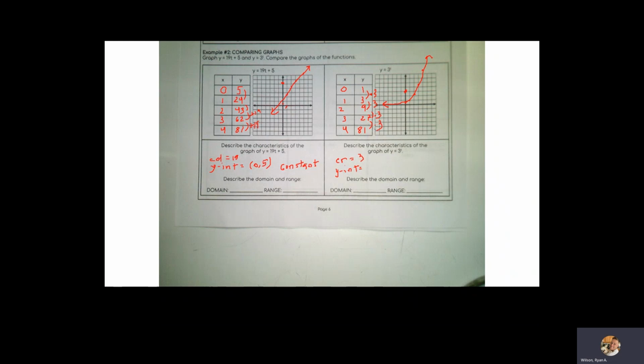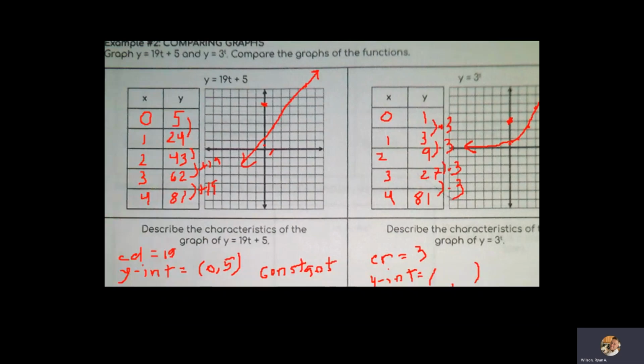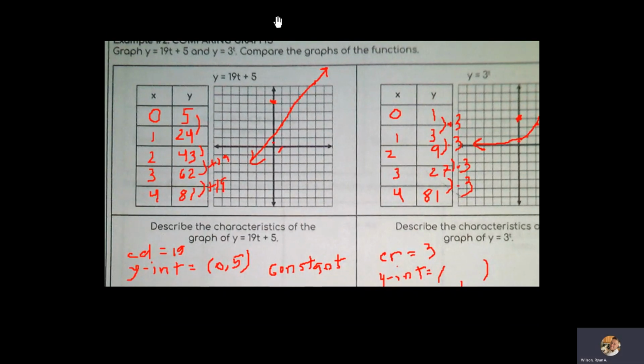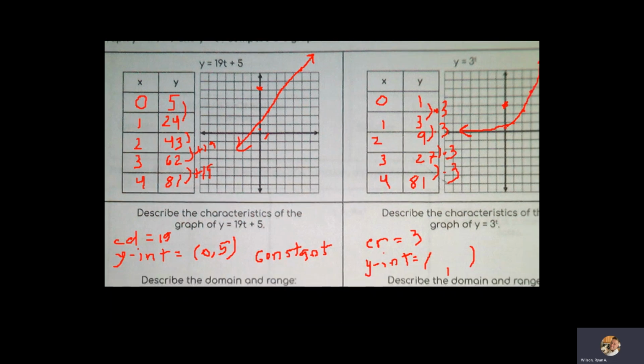Somebody other than Isaiah, tell me the y-intercept. So if the y-intercept for this problem right here was 0, 5, because the x was a 0 value. Yeah, there you go.